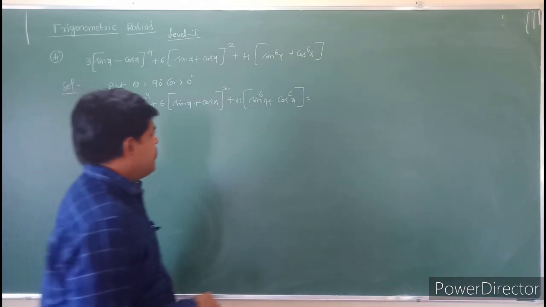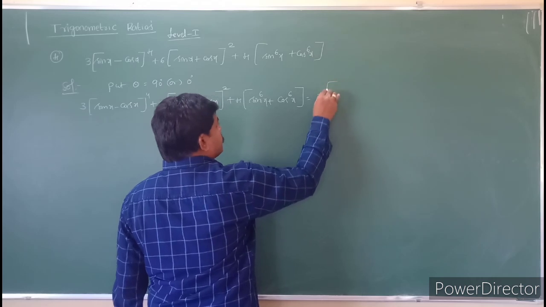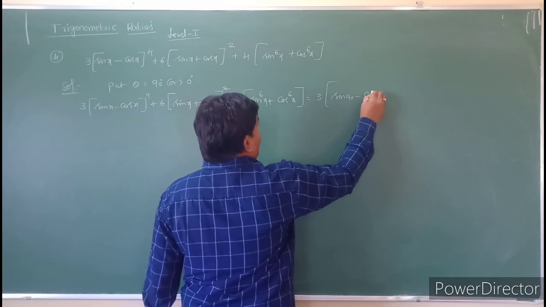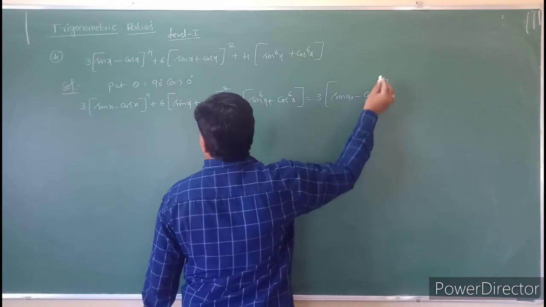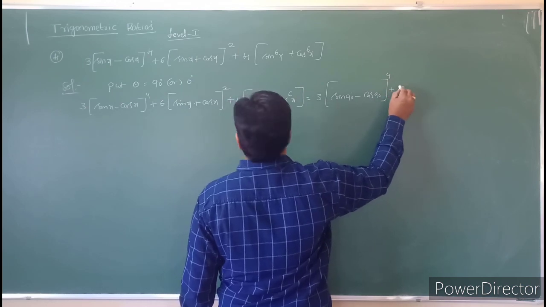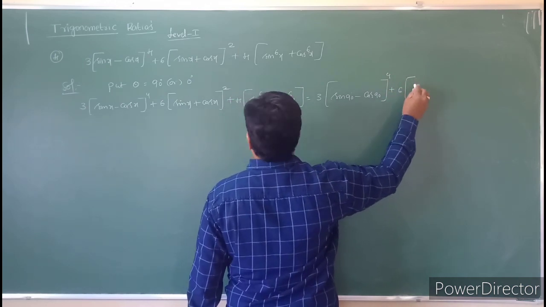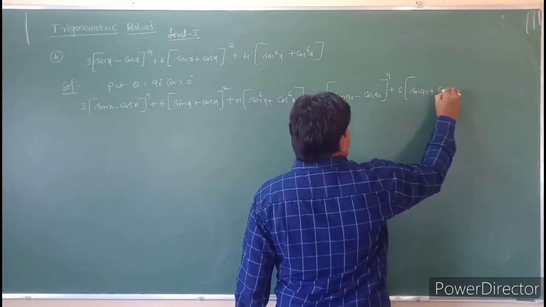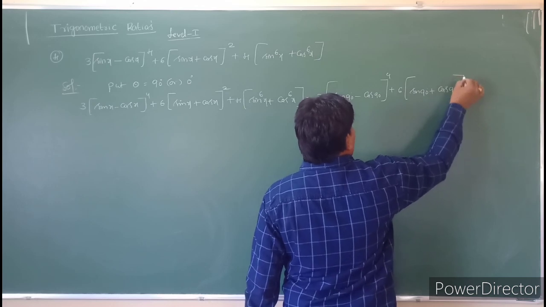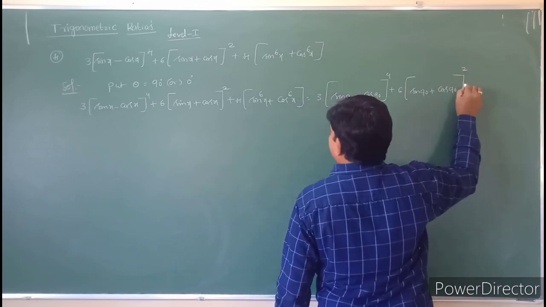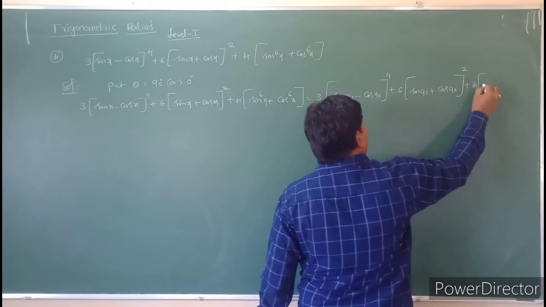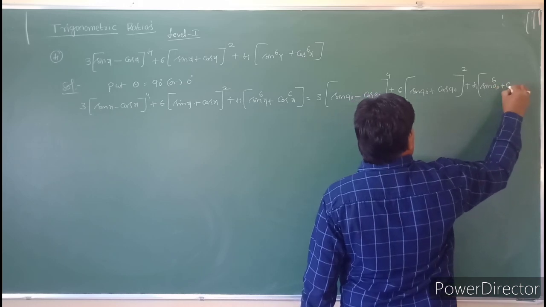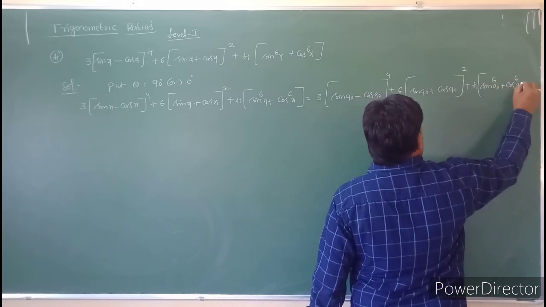That is equal to 3 into (sin 90 minus cos 90 degrees) whole power 4 plus 6 into (sin 90 degrees plus cos 90 degrees) whole square plus 4 into (sin power 6 of 90 degrees plus cos power 6 of 90 degrees).